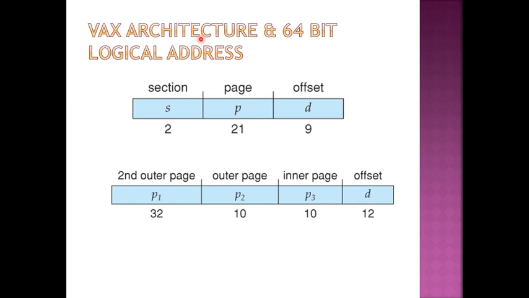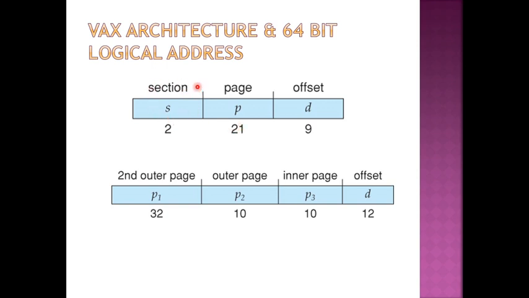So what VAX architecture does is, instead of dividing it between two page numbers, it is divided in such a manner that the first 2 higher order bits will tell you the section. That means whether it is section 1, section 2, section 3 or section 4, and the next will tell you the page number.